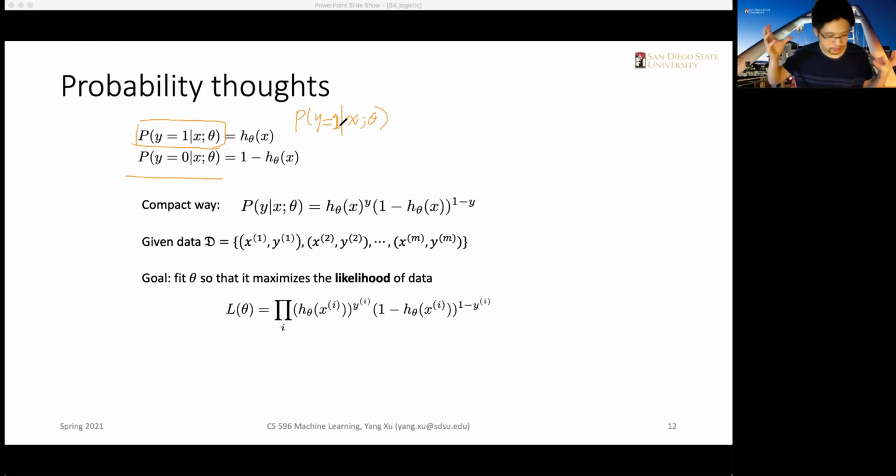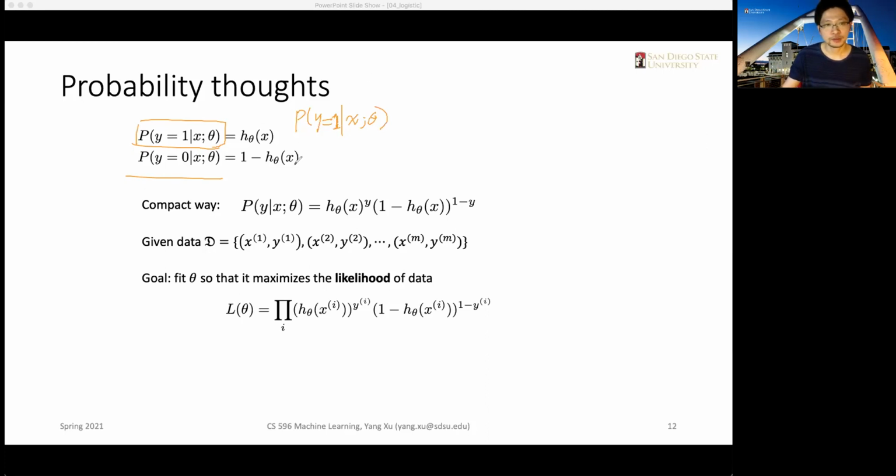It's a probabilistic description of how we use the model to make predictions, because x is the data and theta is our parameter. Okay, x is the fish and theta is the ruler that we have. So combining this ruler and the fish, we are making predictions about how likely this fish is a salmon versus sea bass.